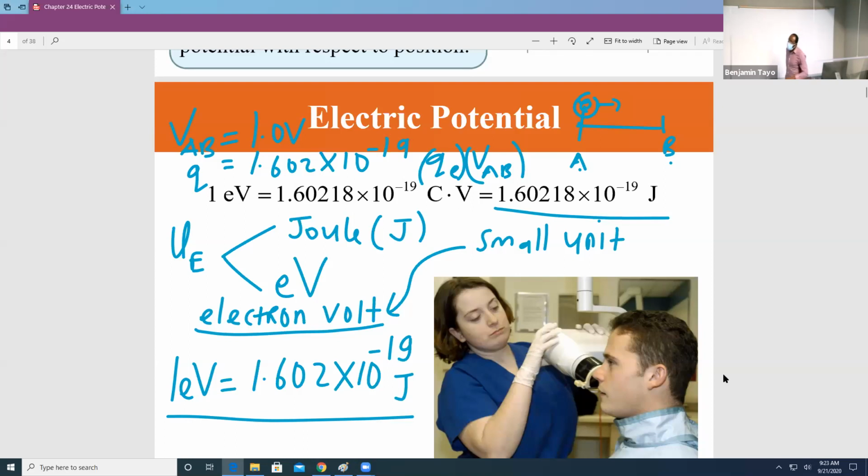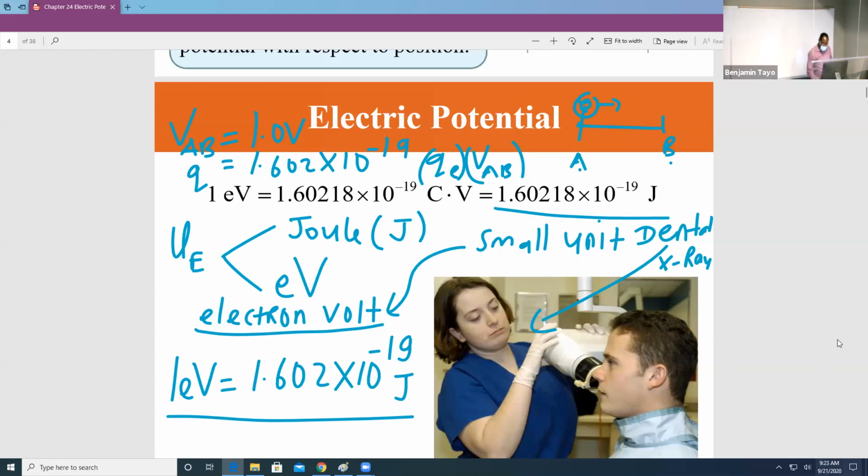Now this is mostly used in, if you look at this picture, this is a picture of the dental X-ray. When we talk about X-rays, we don't use joules, but we use electron volts.